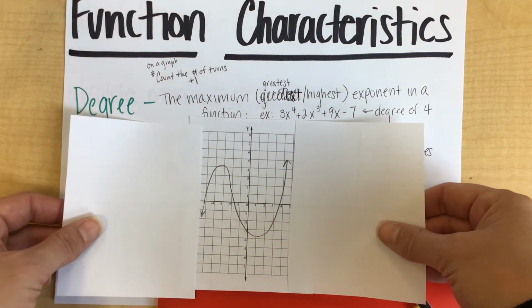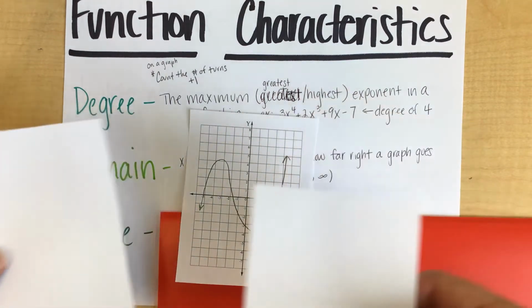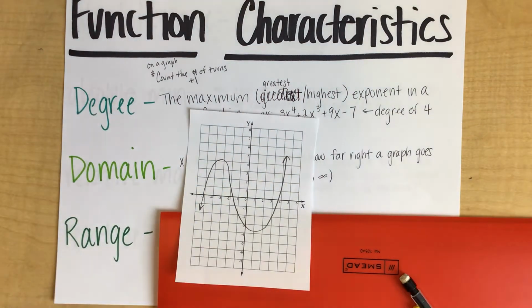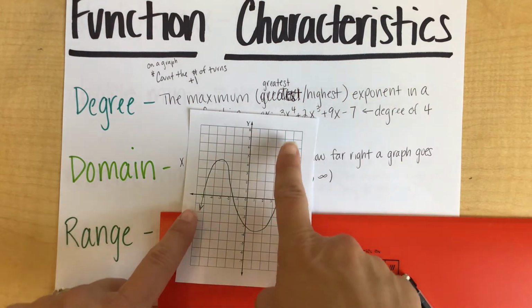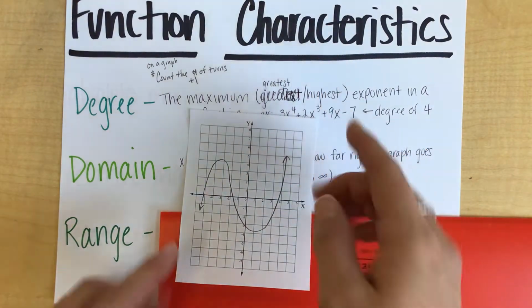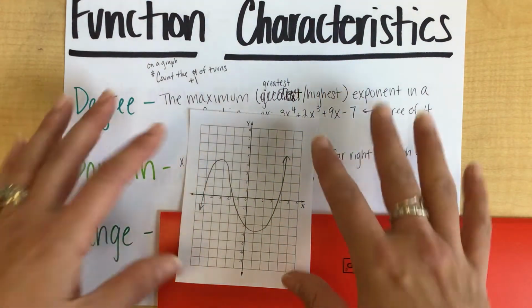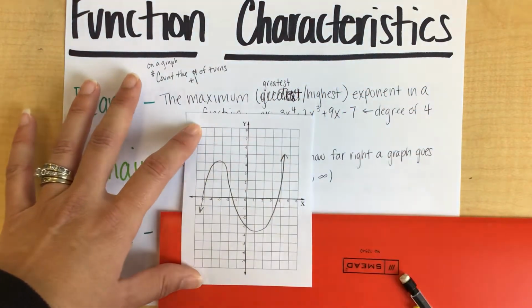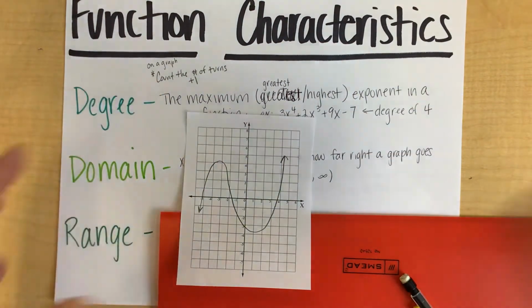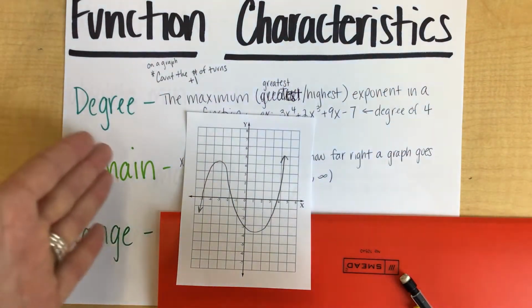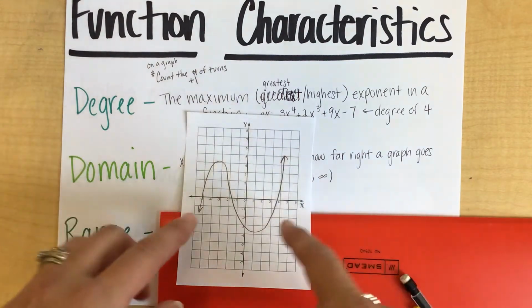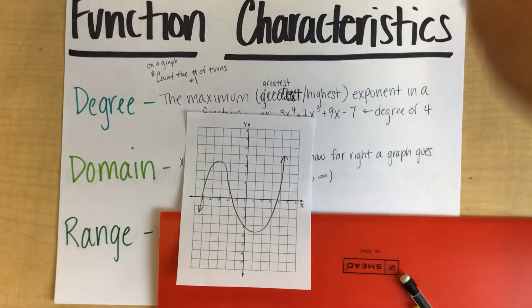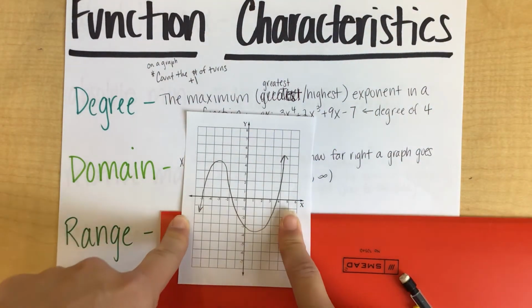That means this graph's going to just keep going and going in both directions. So what we say here, because our arrows are going in both directions, this is going to keep getting wider and wider. If I could make a piece of graph paper or a coordinate plane that was 100 by 100, it went from negative 100 to positive 100, this would still be going, right? So on this, we say that our domain is all real numbers. That's what we used to say.